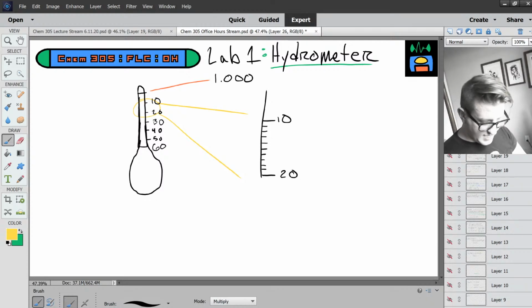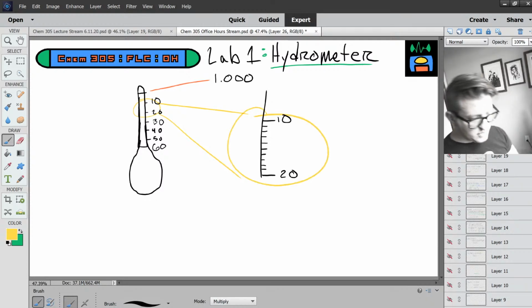Right, there are like 10 little hatch marks in between every mark on there, between 10, 20, 30, 40, 50, 60.